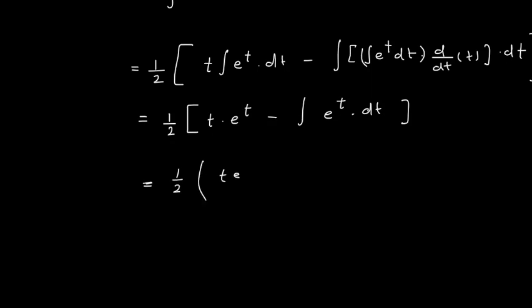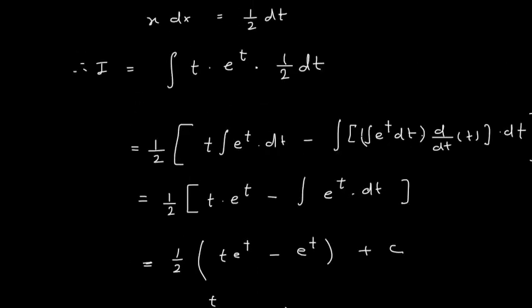So it is t into e power t minus e power t plus c. Now this e power t also you can take common. So it is e power t divided by 2 into, inside the bracket, t minus 1, plus c. This is your integration I: I is equal to e power t divided by 2 into t minus 1 plus c. So this is your result.